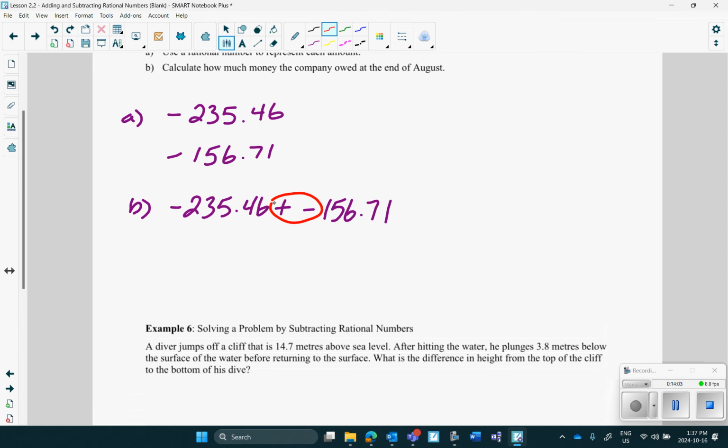Remember, this just becomes minus. So what you would do on your calculator is negative 235.46 minus 156.71. Okay. Anybody got an answer there? Anybody? That use their calculator? We don't have any calculators? Santa's working on it?